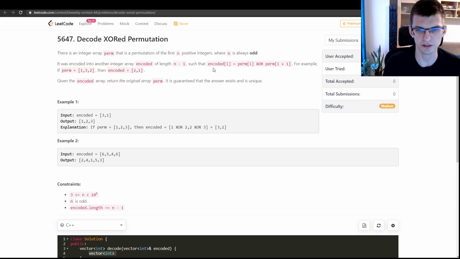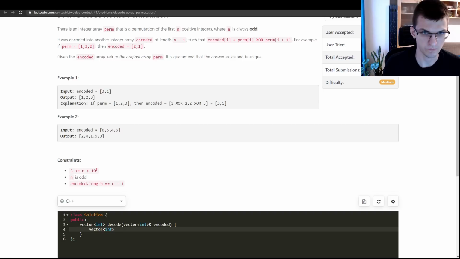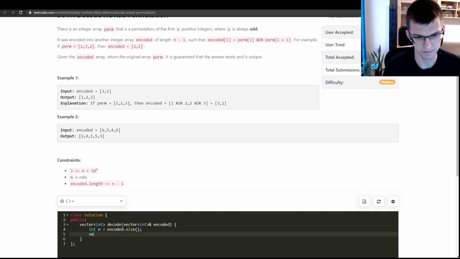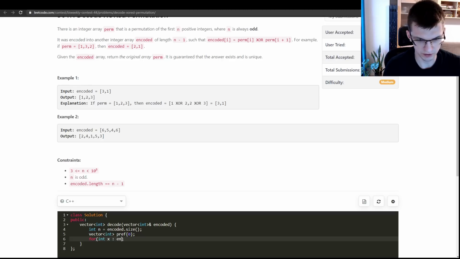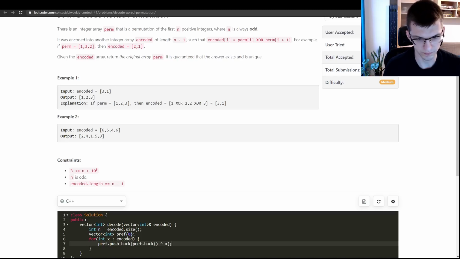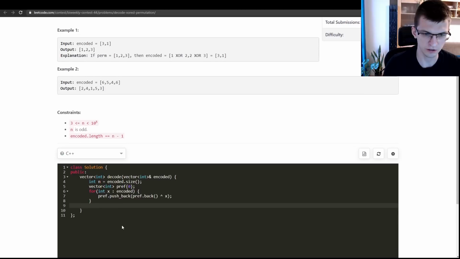This problem would be easier if numbers were from 0 to n-1. XORs, I mean, say prefixes. Start with 0. Now for every value in encoded. Right, now I need to find value with what I can XOR all of that.